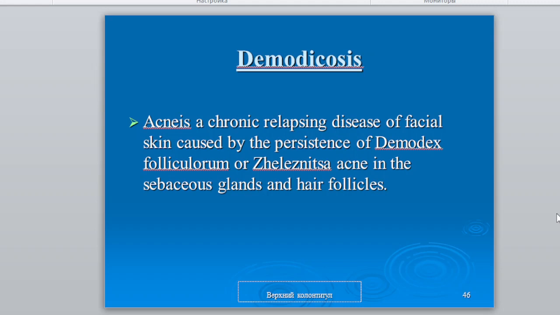Acne is a chronic relapsing disease of facial skin caused by the persistence of Demodex follicularum or Zeliznitsa acne in the sebaceous glands and hair follicles.